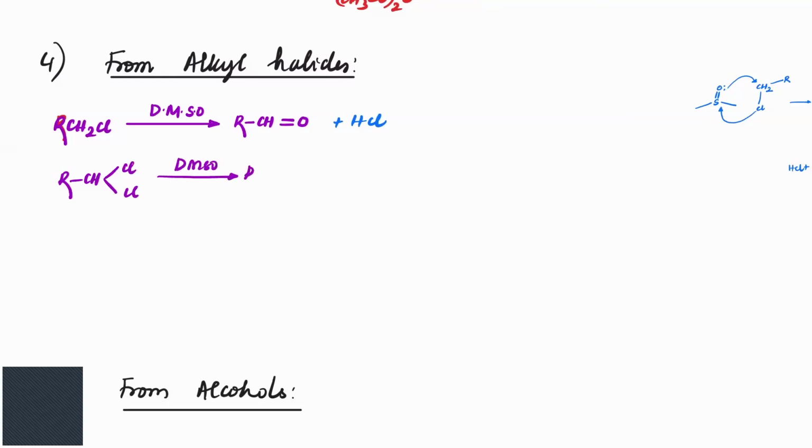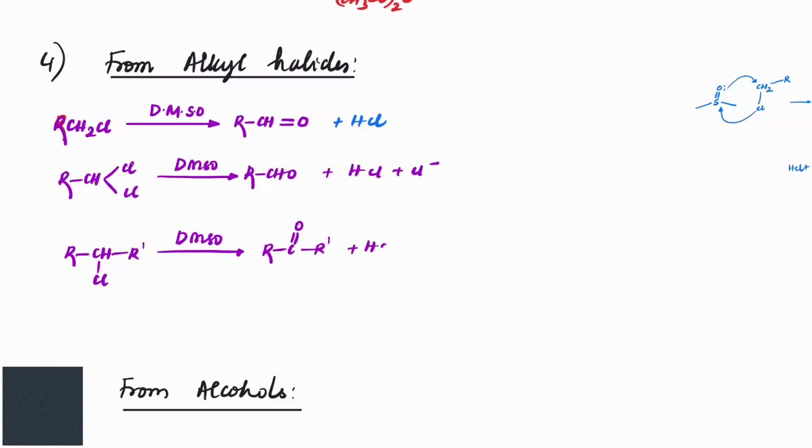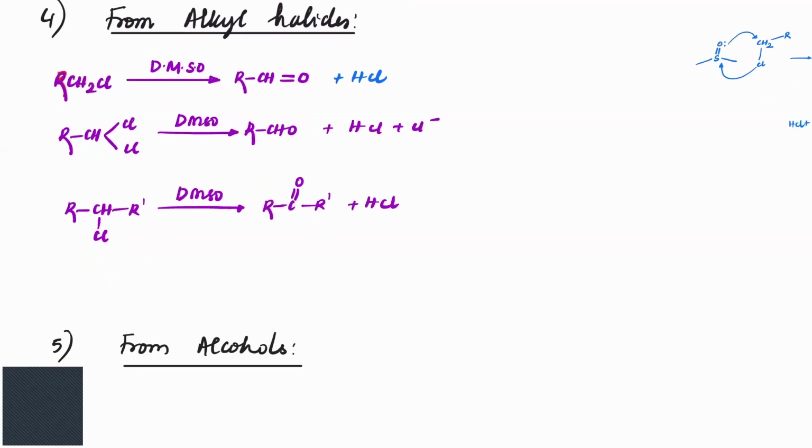With DMSO, it will again become RCHO, and HCl will be formed plus Cl minus. If you have it on secondary positions, with DMSO it will turn into the ketone form, R-CO-R dash, plus HCl. This is the product formation.